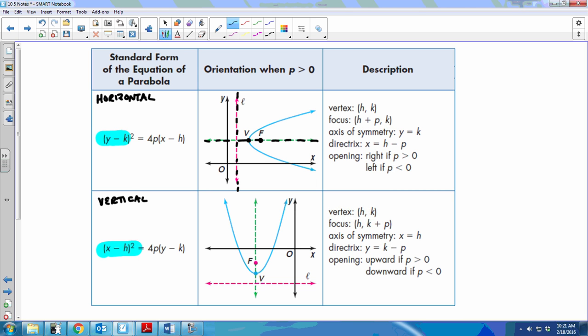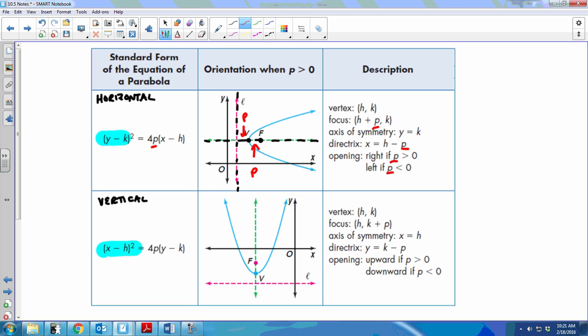Okay? Then you have, in all of these little formulas, P. Right, you have P here, there's a P and a P. Right? P is two things. Both things, they're the same thing. The distance between the vertex and the focus. Or you can think about it as the distance between the vertex and the directrix.